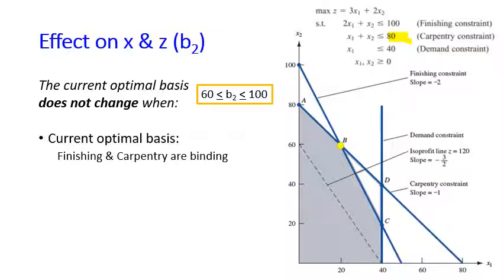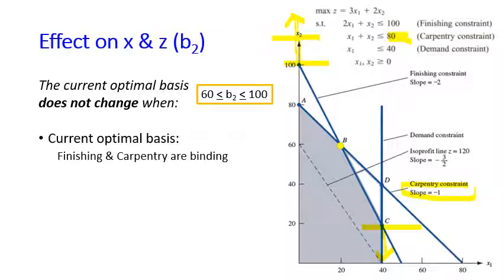In other words, we are going to see how much you can change B2 such that the current basis remains optimal. Similar to before, you may shift the carpentry constraint as long as it does not go up farther than this point and it doesn't go farther down than the point C. Similar reasoning, because if you go farther up than this point, the intersection between finishing and carpentry will fall outside of the feasible region.